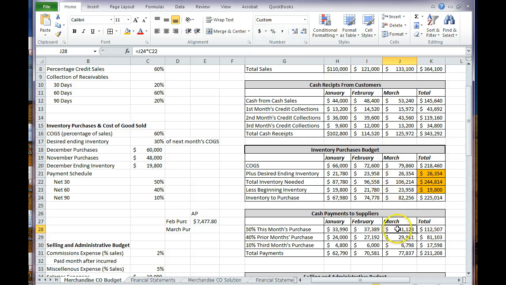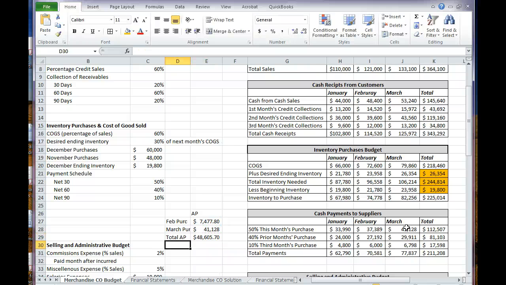Paid 41,000 of that, which means we still owe 50% of that. So a couple ways of doing it. We could just take this minus what we paid. And so we know our total AP is going to be these two numbers. That means if we don't buy another thing, we're going to owe $48,000 in cash payments over the month. It's your credit card balance, essentially.